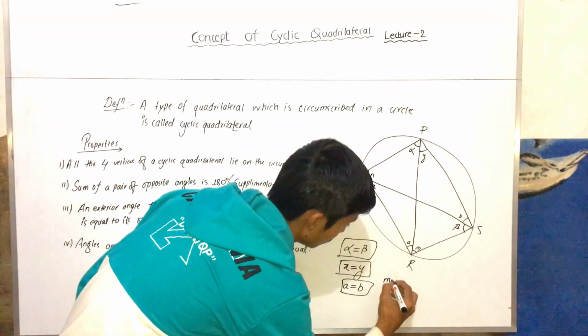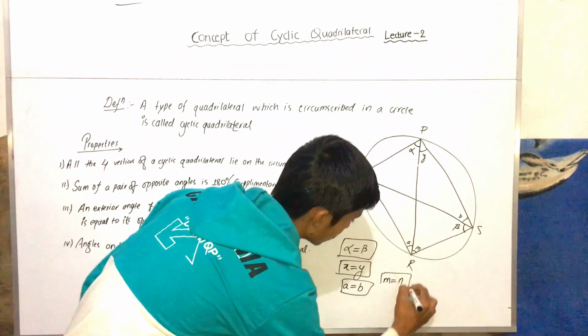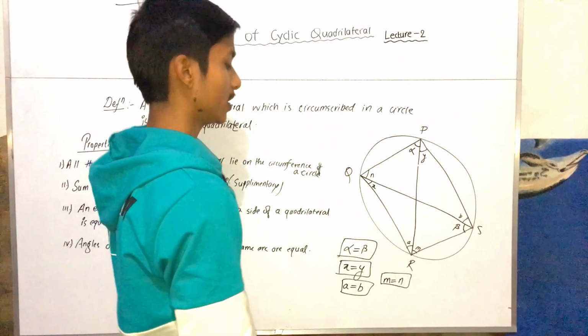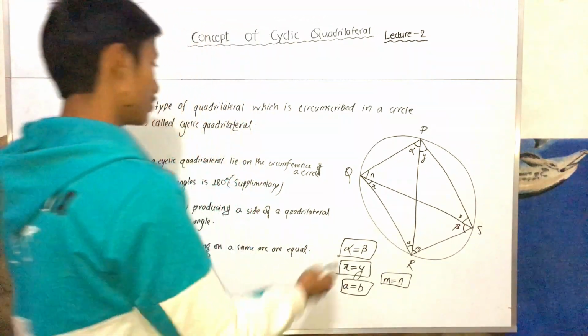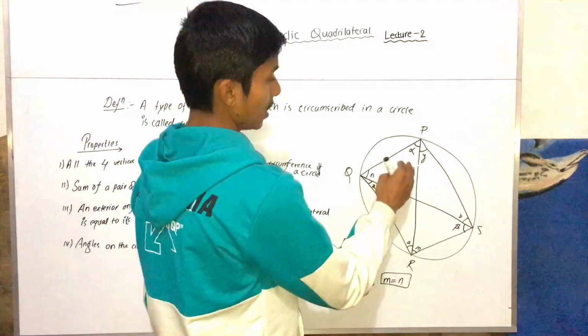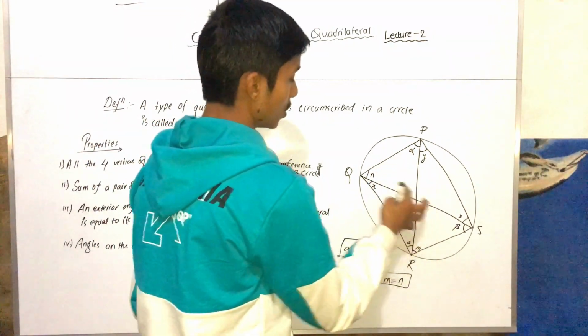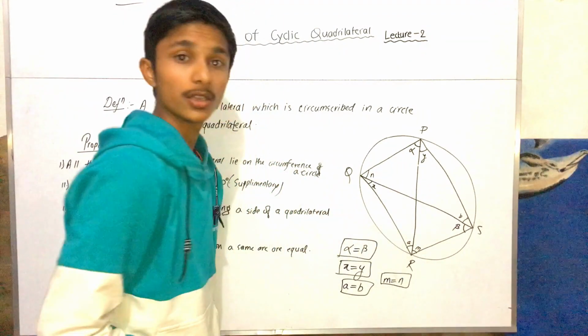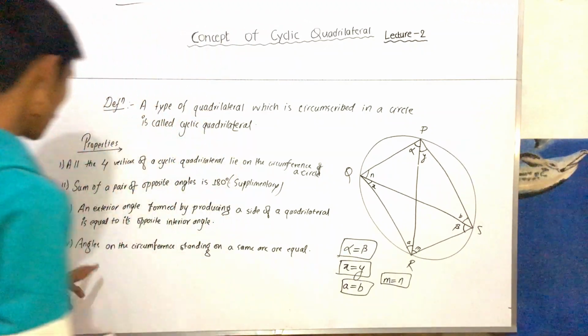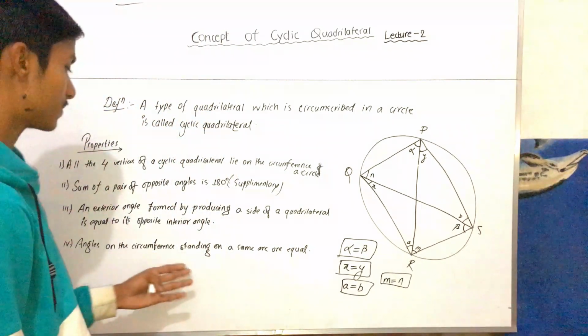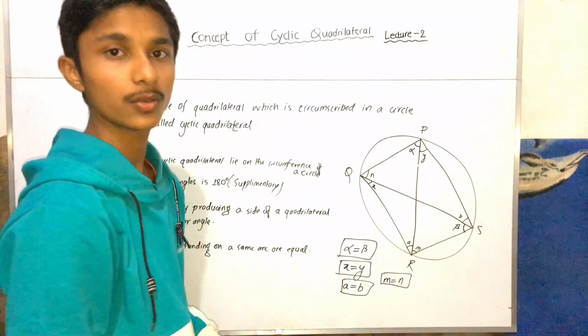Angle M is equal to angle N. Your last property says that angles on the circumference standing on the same arc are equal to each other.